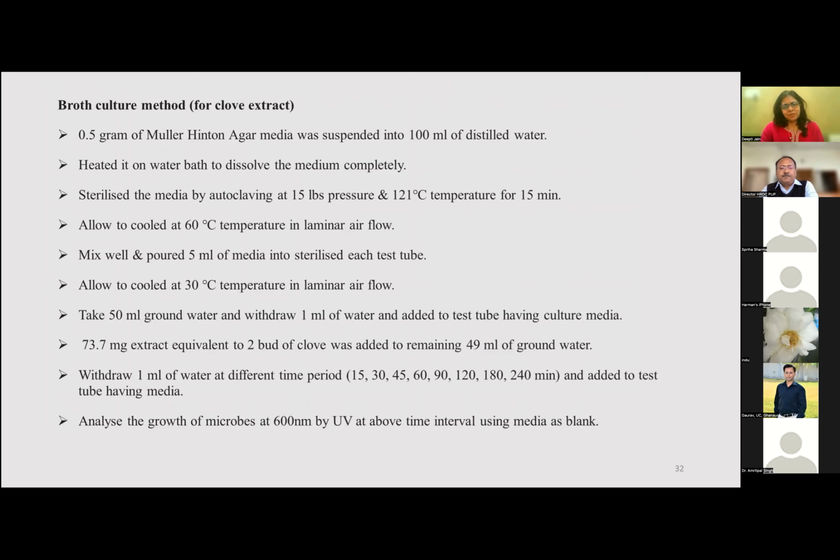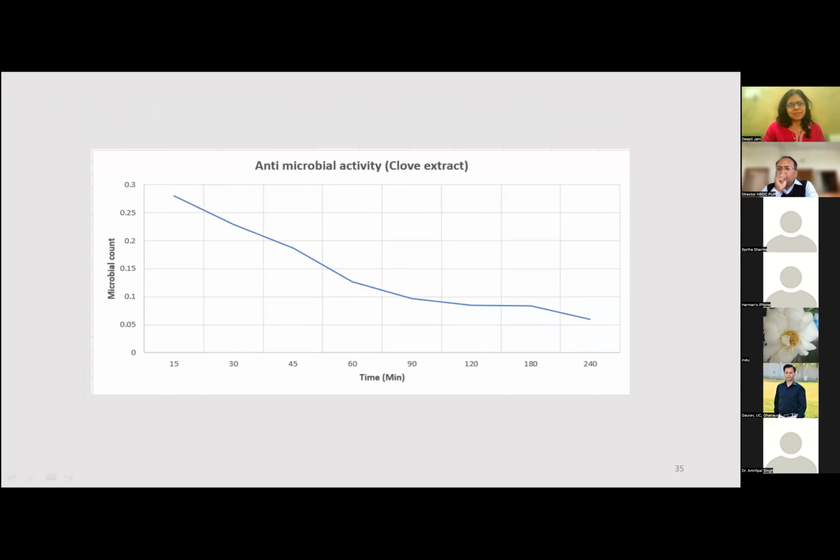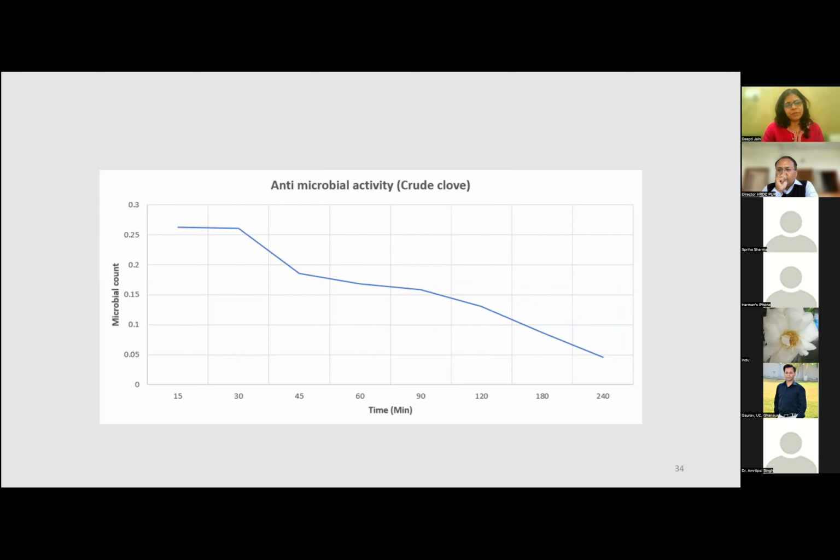These are the experiments. The main conclusion of our research work is that clove extract as well as clove bud both act really well. From this picture, it is clear: if we use clove extract, we get a response initially, but with clove buds we have to wait minimum 30 minutes or 1 hour, because the activity has to be extracted out first.